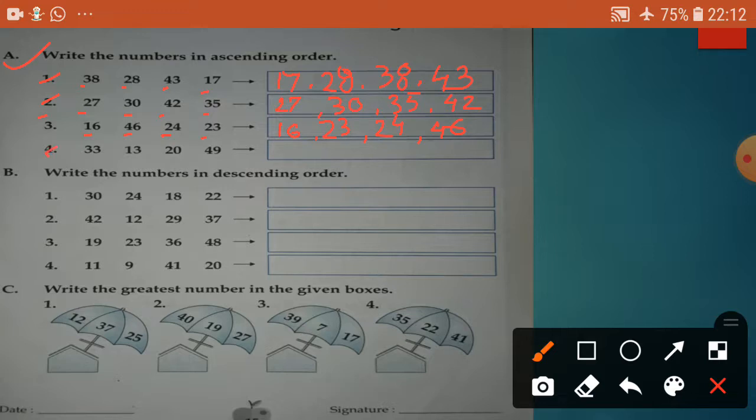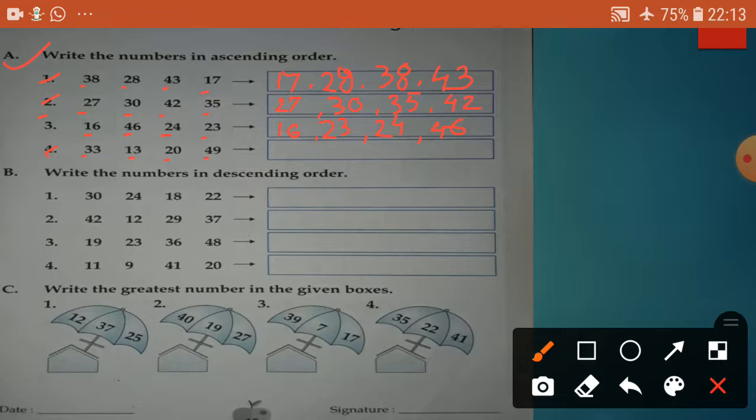Number 4, I hope everyone understood. See tens and ones. Okay. See 33, 13, 20, 49. Okay. So I underline tens: 3, 1, 2, 4. So first I find 1 ten.